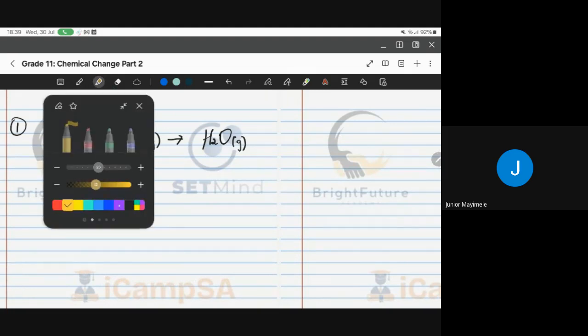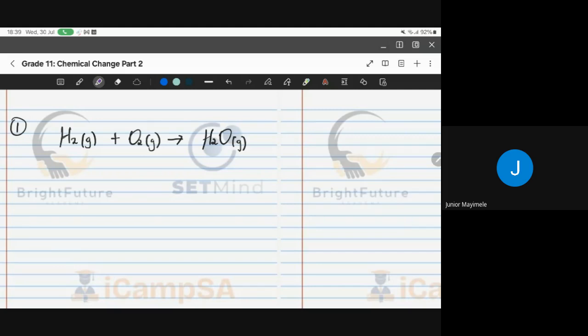In this example right here, the equation I just wrote, if you remember, you must always make sure that your equation is balanced, right? But when you take this particular equation, at this point, it's not balanced.